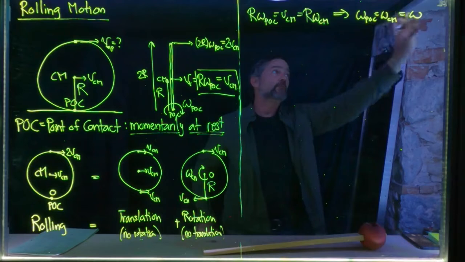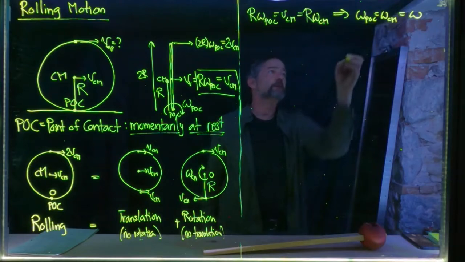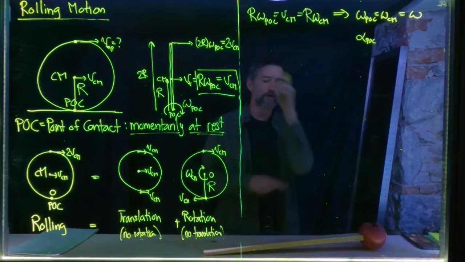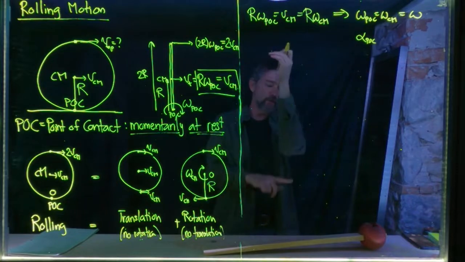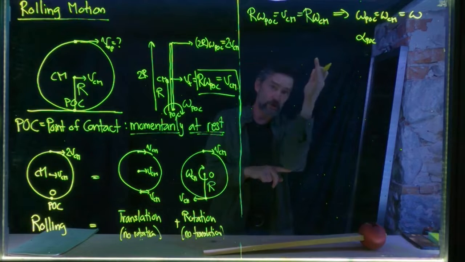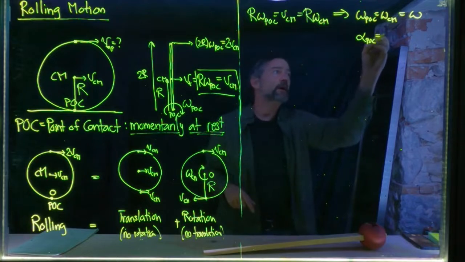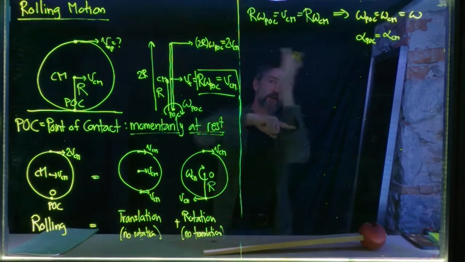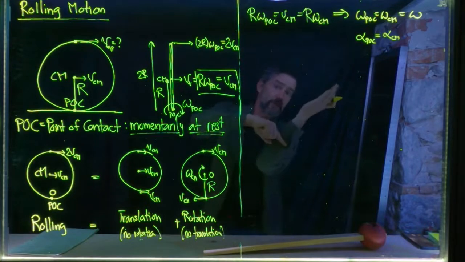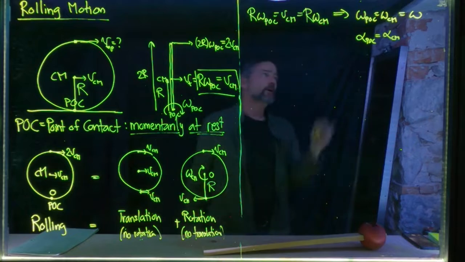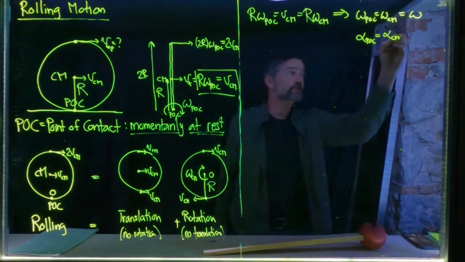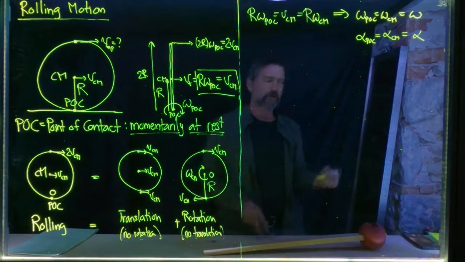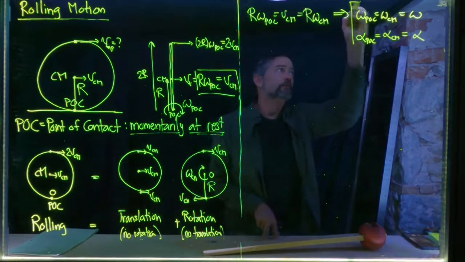So if I take the time derivative of all three of these terms, it says that the angular acceleration, the rate at which the rotation about the point of contact is changing, is equal to the angular acceleration about the center, for rotation about the center of mass. That'll be going slow first, then faster and faster as the wheel rolls faster. Those two angular accelerations are the same as well. Okay, and we'll call this common angular acceleration alpha. So this is a very important result.